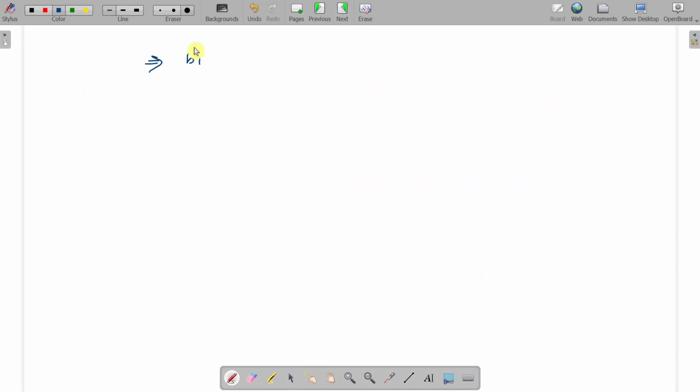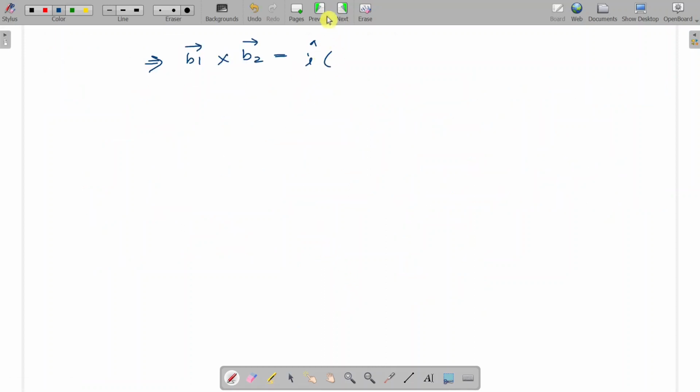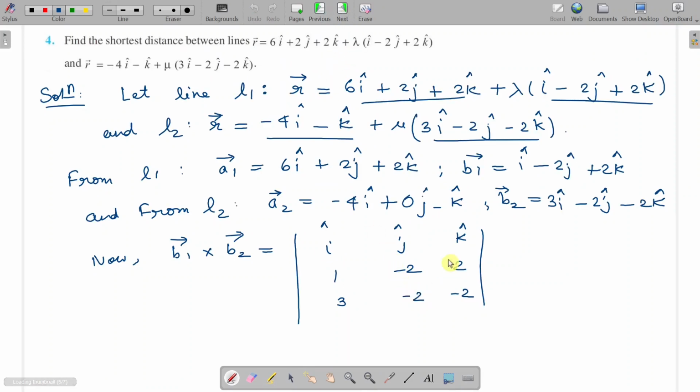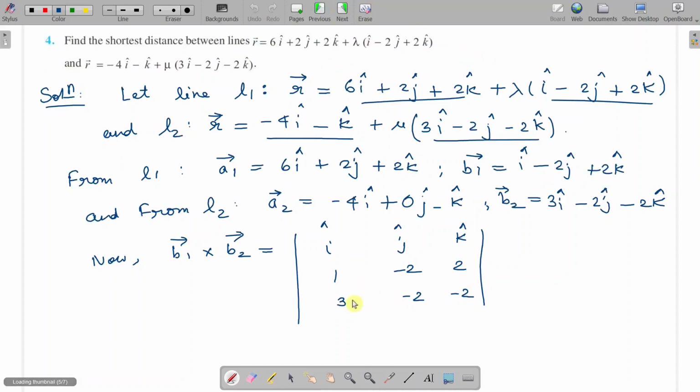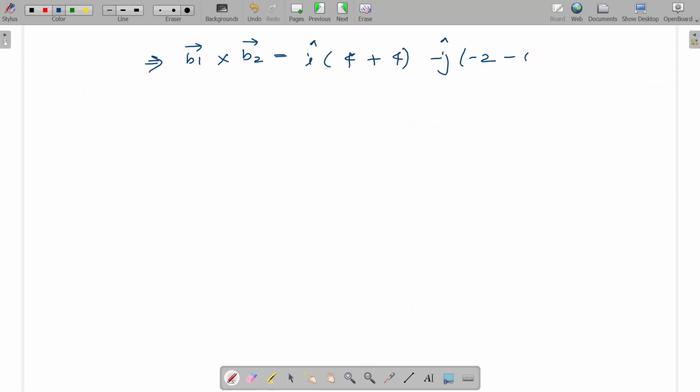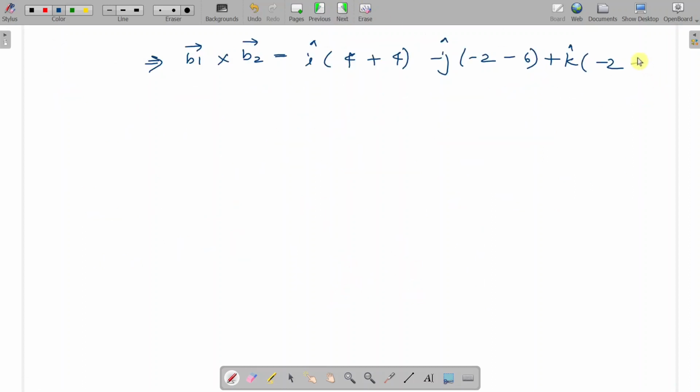So b1 bar cross product b2 bar is equal to i cap into minus 2 times minus 2 is 4. Okay, then minus of minus 2 times 2 is plus 4, then minus j cap, minus 2 times 1 is minus 2, and minus 3 times 2 is minus 6, plus k cap, minus 2 times 1 is minus 2, minus 3 times minus 2 is plus 6.